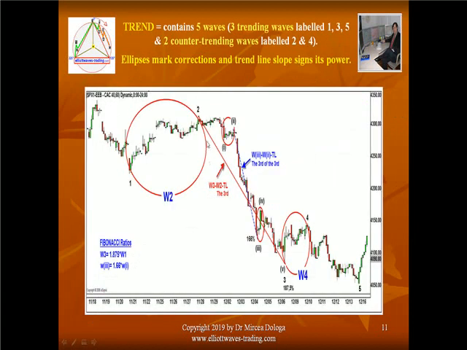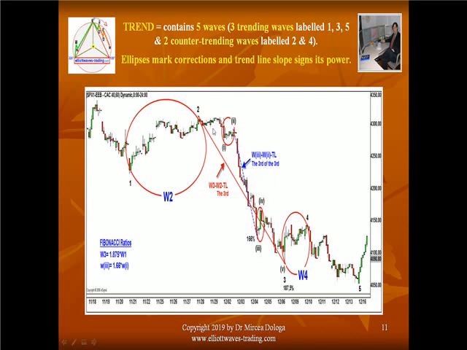Here we have a chart which illustrates a little better the first correction, wave W2, and this is the second correction corresponding to W4 of the entire impulsive pattern, going from 0, 1, 2, 3, 4, and 5.